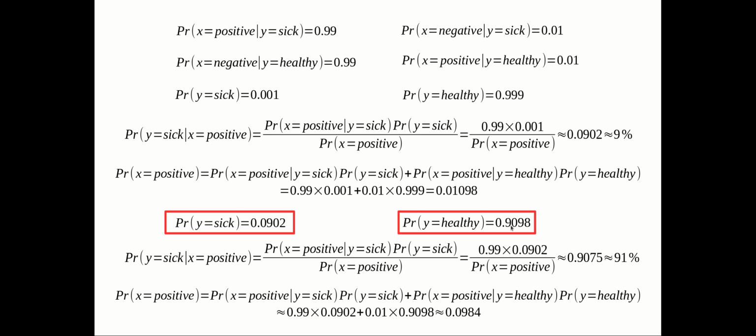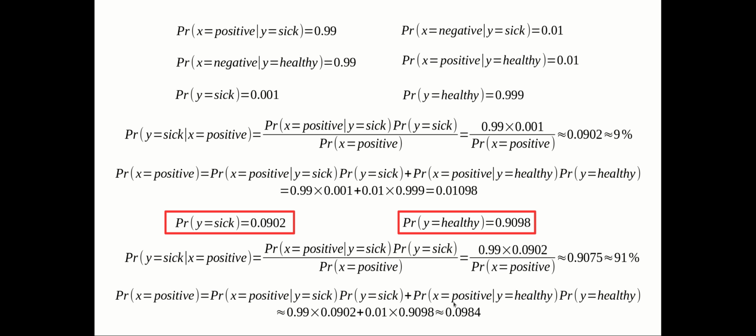And then all the rest of the calculations will be identical. So that's the numerator: you replace the 1 over 1,000 with 0.0902. And then when you compute the denominator, you have to change P(Y equals sick) from 1 over 1,000 to 0.0902, and then plus the term for Y equals healthy, that also changes accordingly.